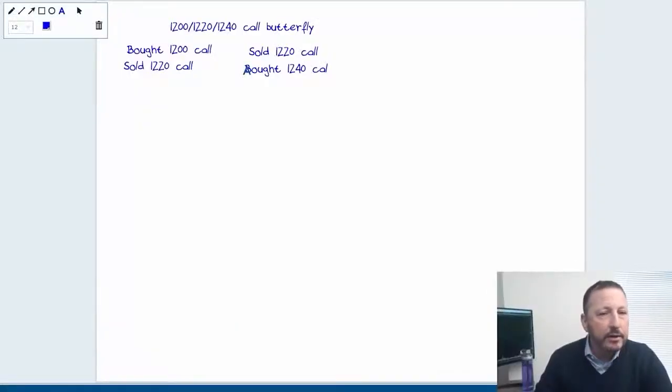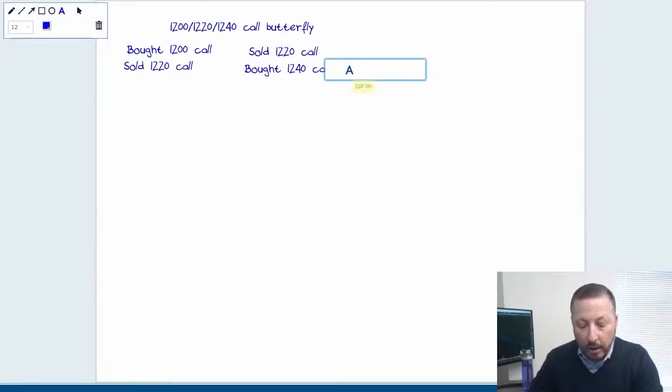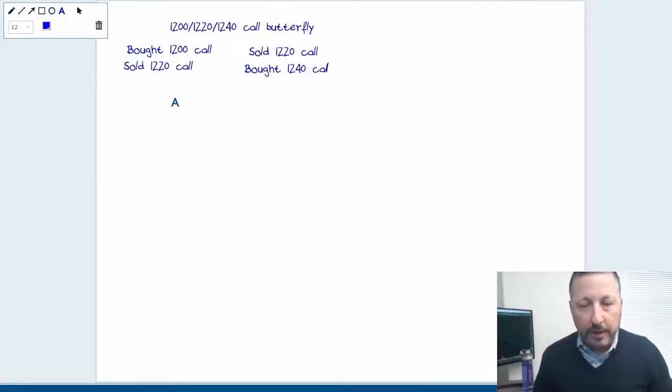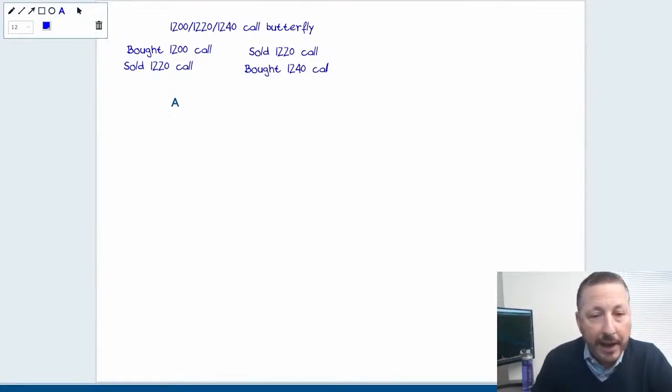What would happen if we just bought the 1200, sold 2 of the 1220s, and never bought that last strike, that 1240 call? Well, in this case, if Tesla really flew, just exploded beyond all our strikes, we have unlimited loss, because we're short one call if we didn't buy that 1240 call.